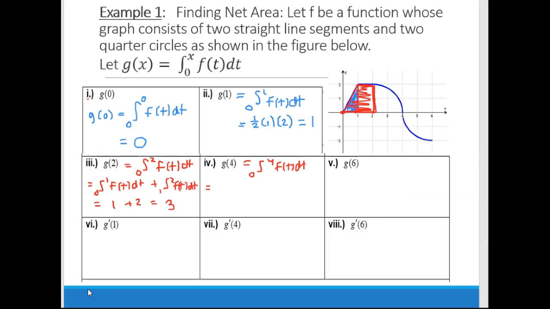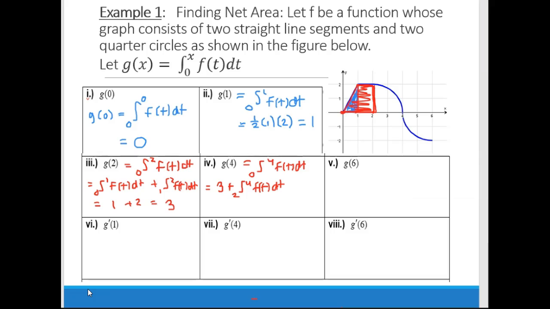So this is really like 3 plus the integral from 2 to 4 of f of t dt. So that 3 represents g of 2. So that's kind of like saying g of 2 plus integrating 2 to 4 of f of t dt. Initial condition plus your new net change.